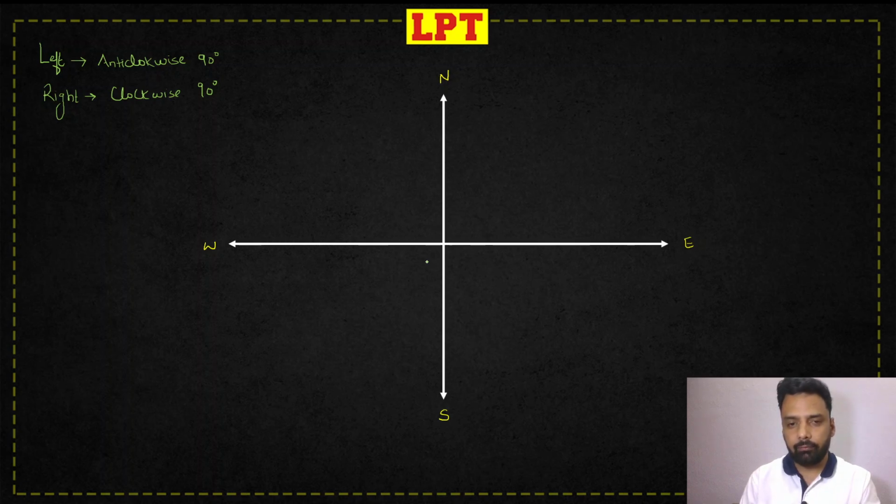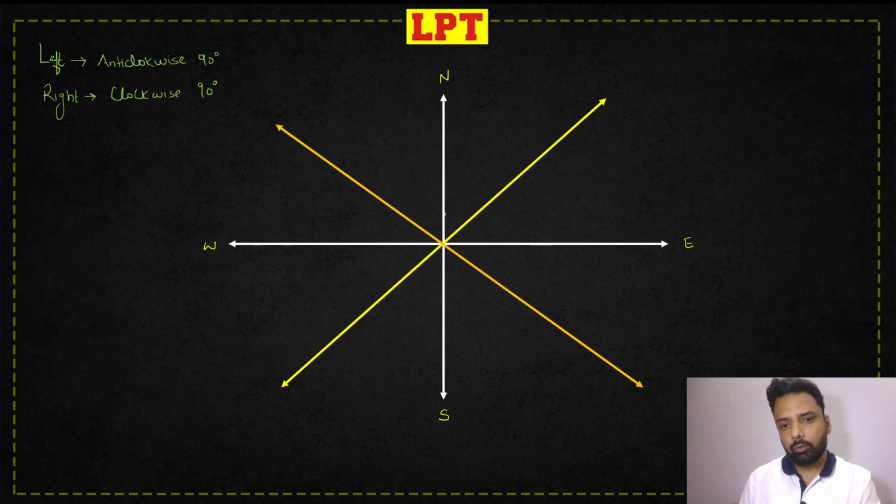Then, if we further divide them, the direction between north and east will be northeast, between north and west this is northwest, this is southwest, and this is southeast.